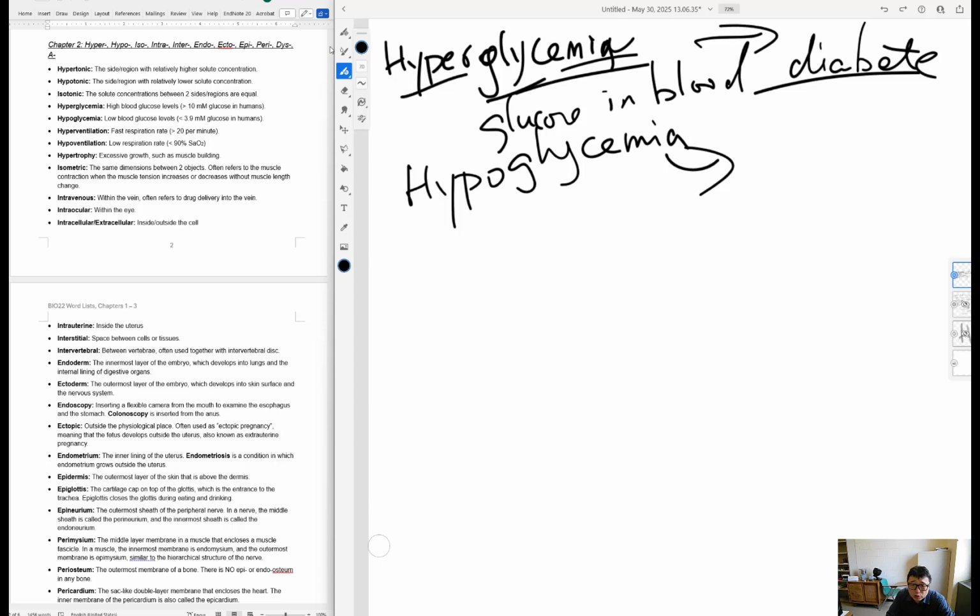It can possibly make people pass out, and some people die of hypoglycemia. And in the case of diabetes, not only is there chronic hyperglycemia, it can also cause acute hypoglycemia. Diabetes is a loss of control of the glucose level in the blood.